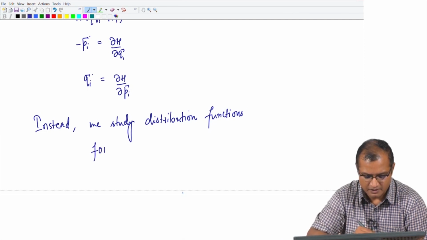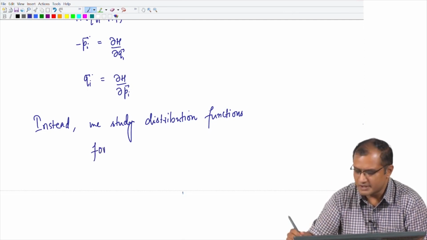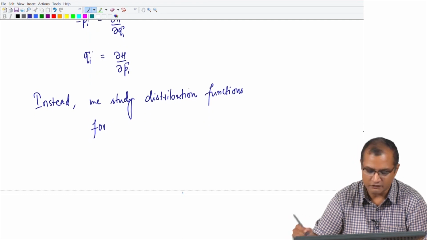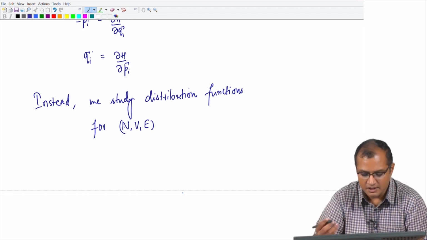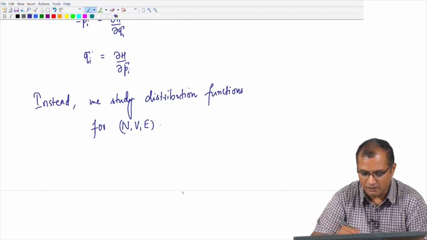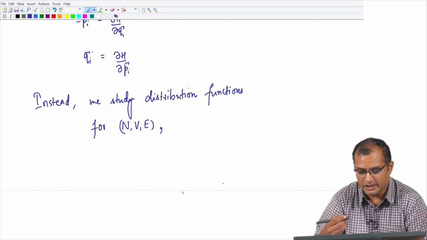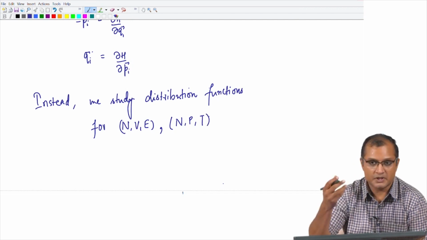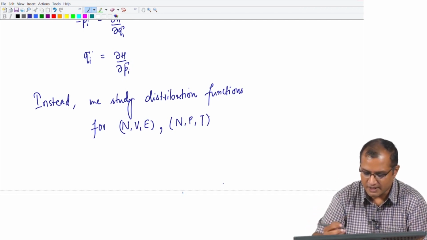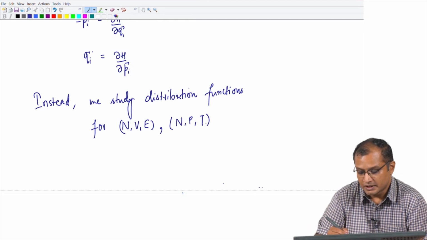such as NVE systems at constant number of particles, volume and energy. This system is called a microcanonical ensemble. I will describe these ensembles in detail. Or when you specify the number of particles, pressure and temperature, which we call the canonical ensemble.